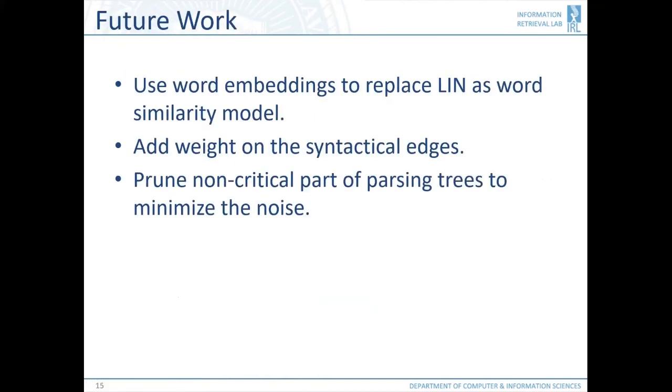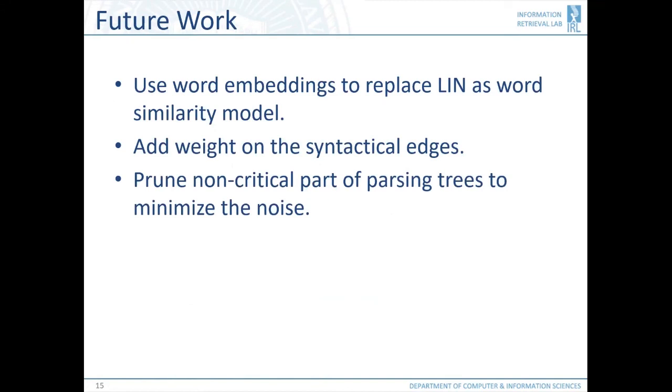And we also want to add a pruning technique to prune some non-critical parts of the parsing tree to minimize noise. In the constituency parsing tree we have some meaningful phrases like noun phrases or verb phrases, and also some non-critical or meaningless parts like the PP parts and CP parts.